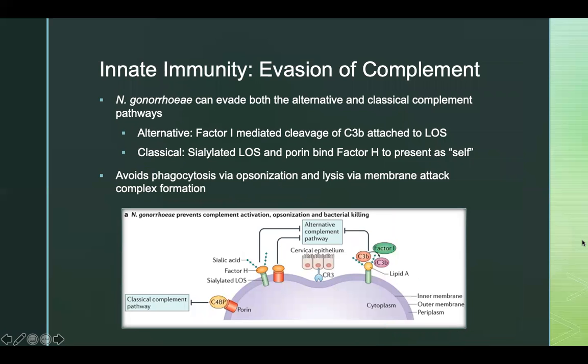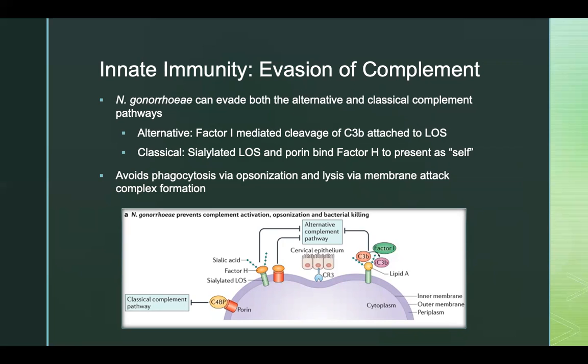First off, though, going over the way the innate immune system interacts with the pathogen, Neisseria gonorrhoeae presents a very apt capability to evade, in general, host immune responses. In the context of innate immunity, this is especially true for the complement pathway, where Neisseria gonorrhoeae can actually evade both the alternative and classical pathways.